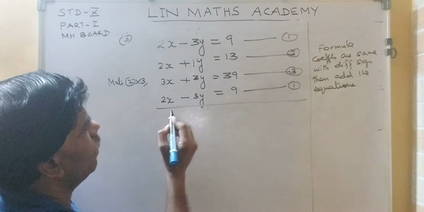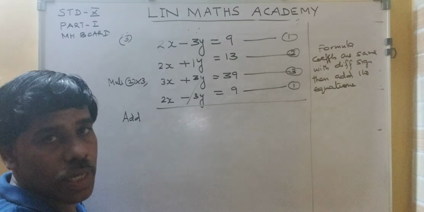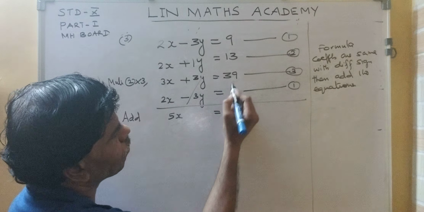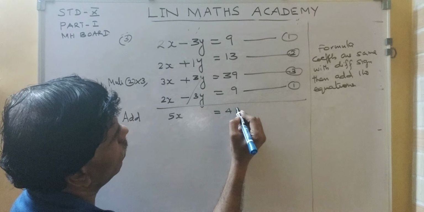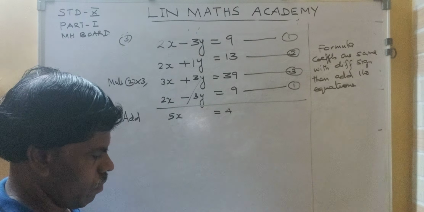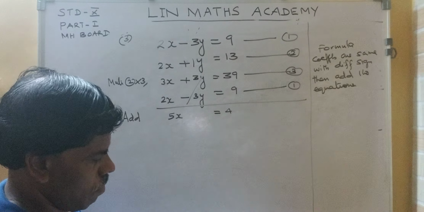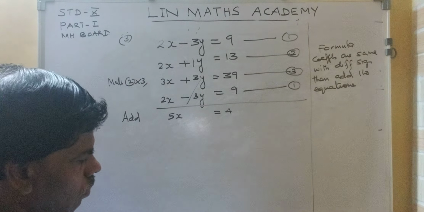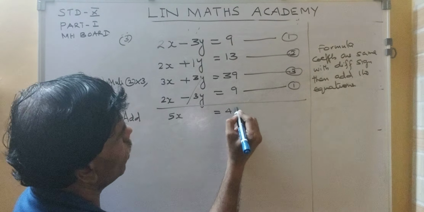So plus 3y minus 3y get cancelled. So 3x plus 2x, 5x equal to 40.